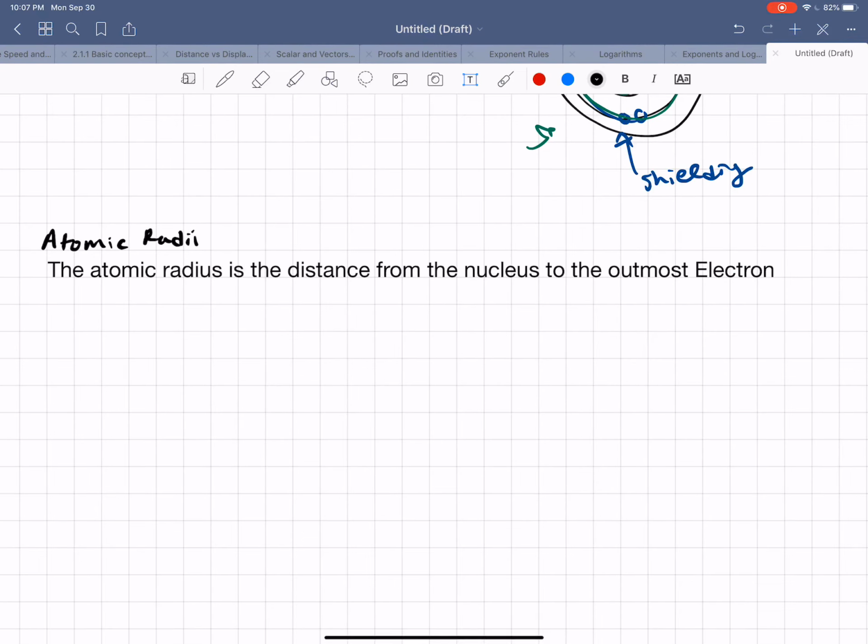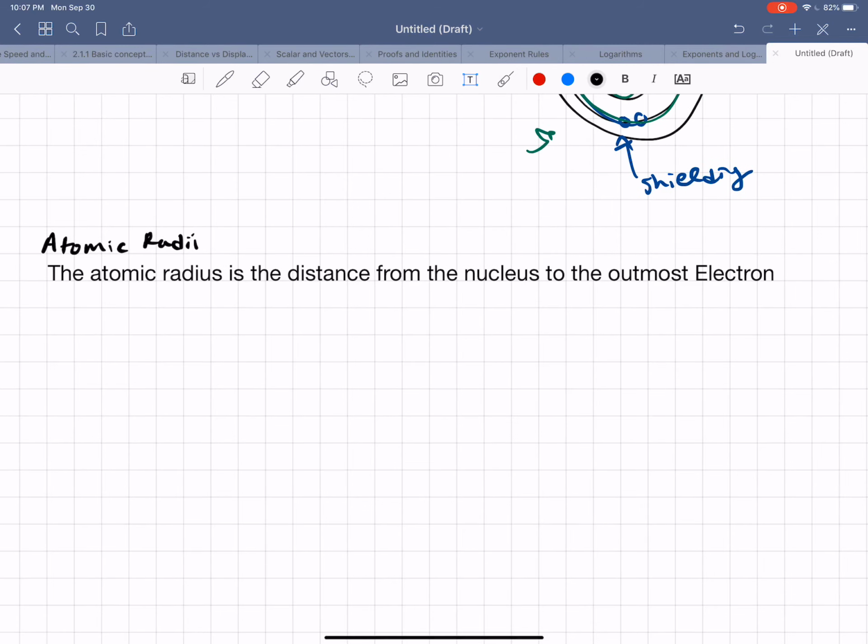If I illustrate this, say I had lithium, the atomic radius is the distance from the nucleus, if we call this the nucleus, to the outermost electron. This is your atomic radius, okay?